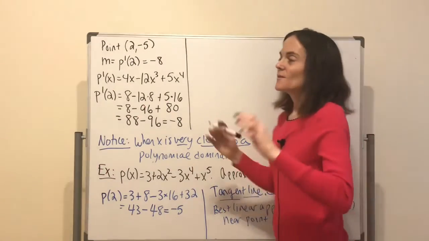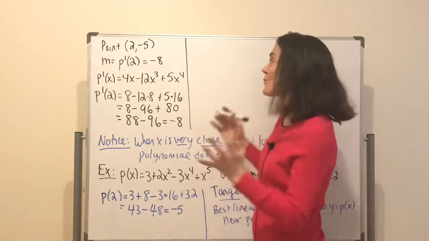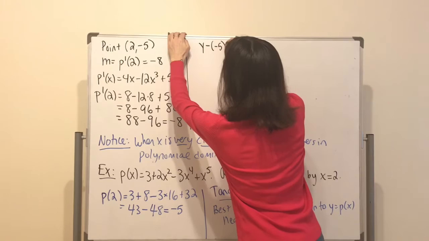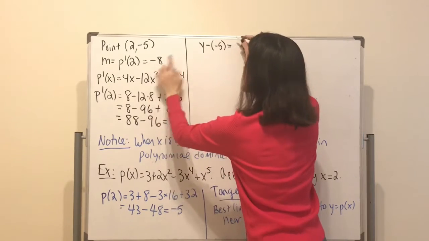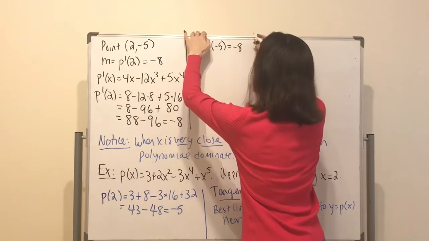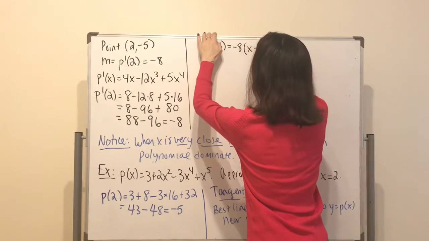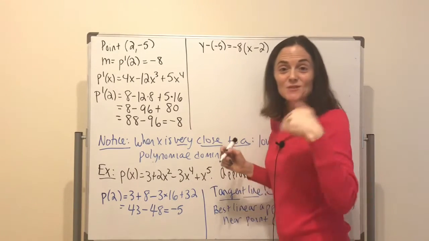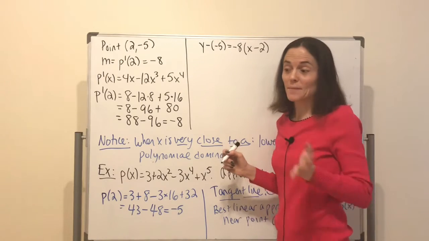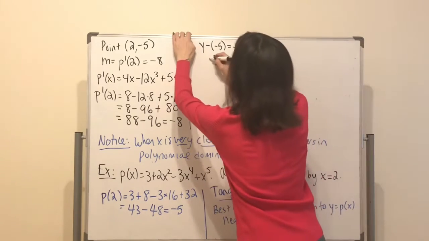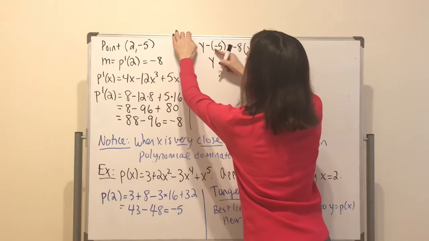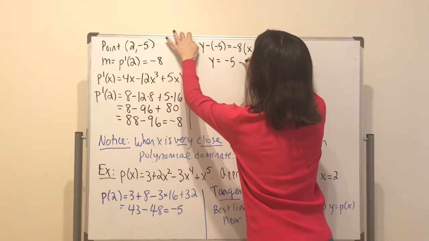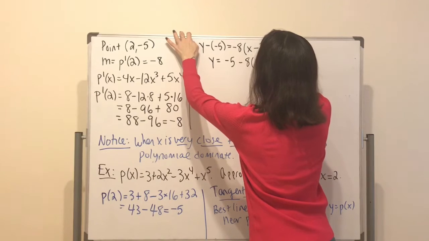Well, we have point, we have slope, y minus y1 is m times x minus x1. Except I'm not going to look at it like this. Let me just rewrite this slightly to make my point. This is a plus 5. If I move the 5 to the other side, it will be a minus 5. Then I have minus 8 times x minus 2.